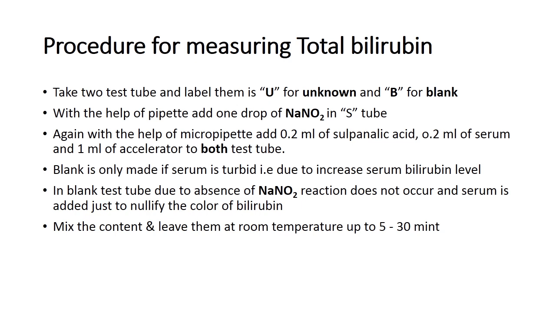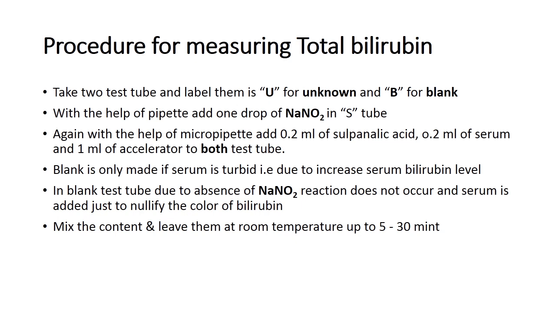Again with the help of micropipette, we add 0.2 ml of sulfanilic acid, 0.2 ml of serum and 1 ml of accelerator to both test tubes. Blank is only made if serum is turbid, that is due to increased serum bilirubin level. In the blank test tube, reaction does not occur due to the absence of sodium nitrite, and serum is added just to nullify the color of bilirubin.